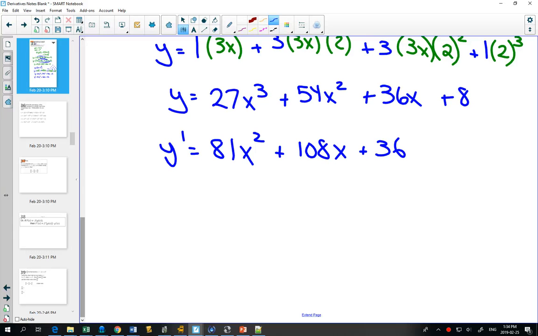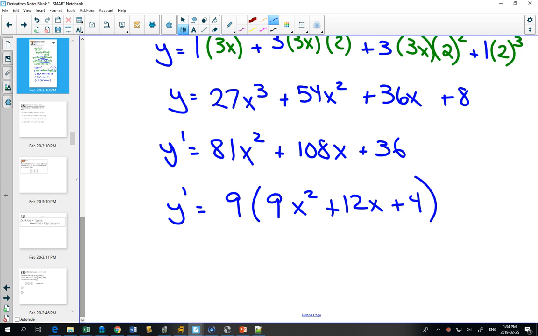So writing my answer in factored form, well, what do I have in common between 81, 36, and 108? I can factor out a 9, leaving me with 9x squared plus 12x plus 4. This factors nicely to 3x plus 2 times 3x plus 2. So I'll write that as 3x plus 2 squared.